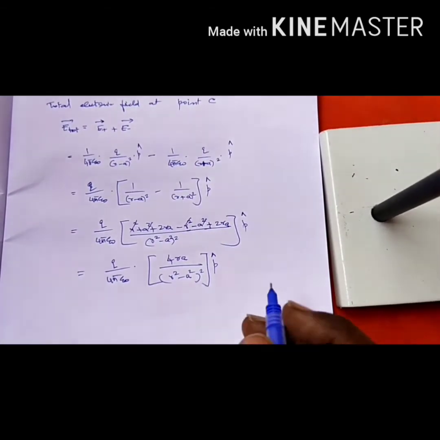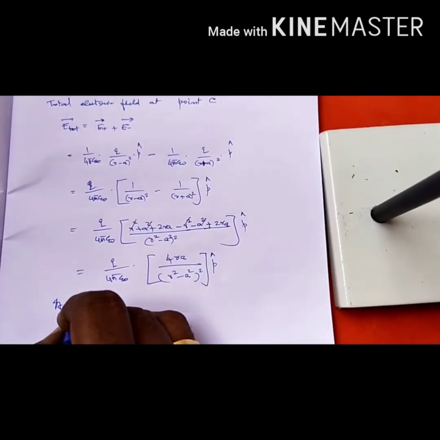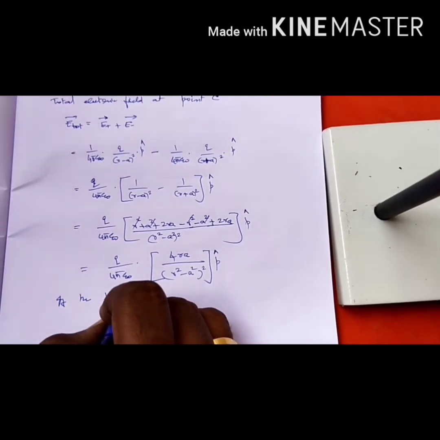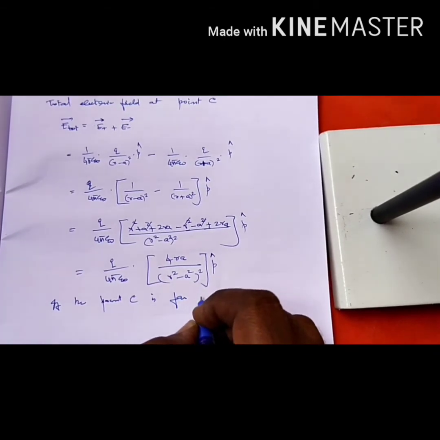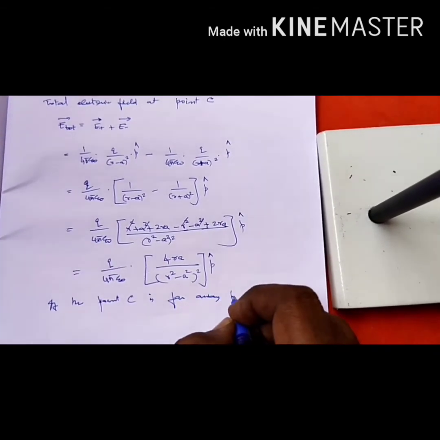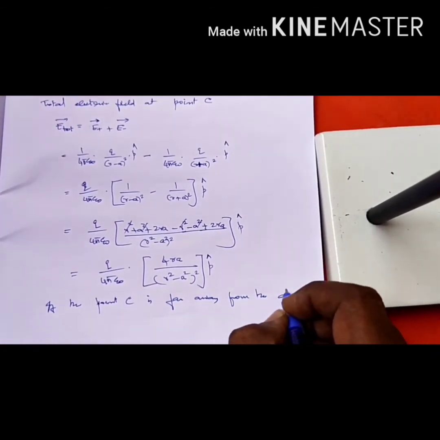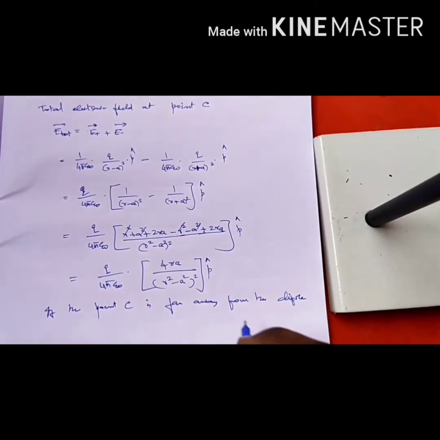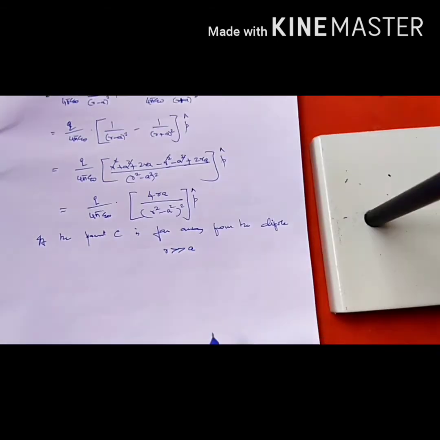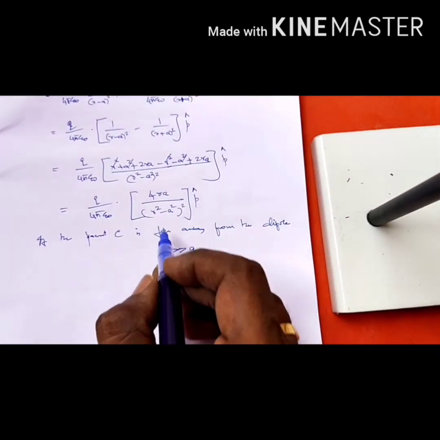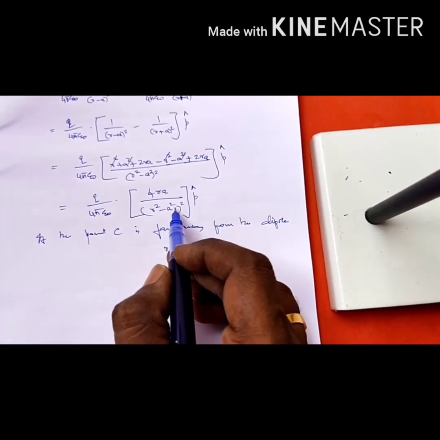If the point C is far away from the dipole, in that case r is much greater than a. So the a square term can be neglected.